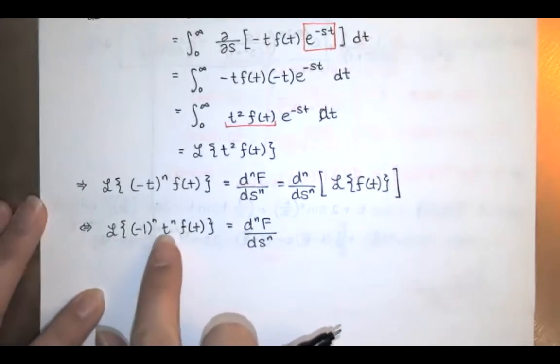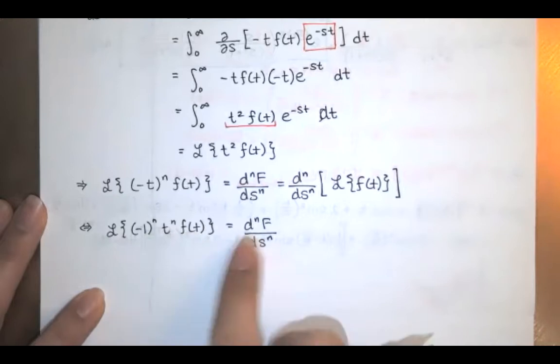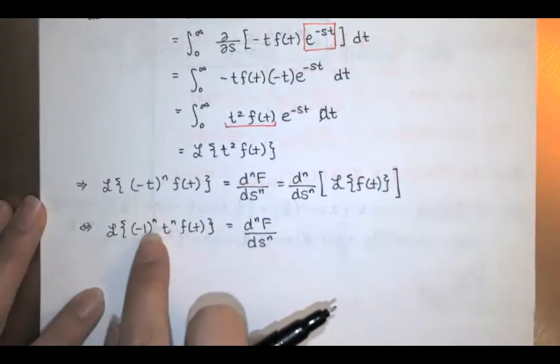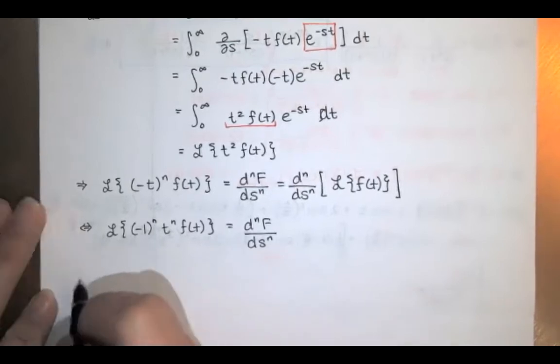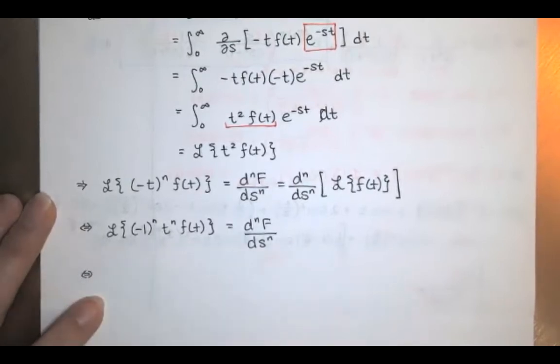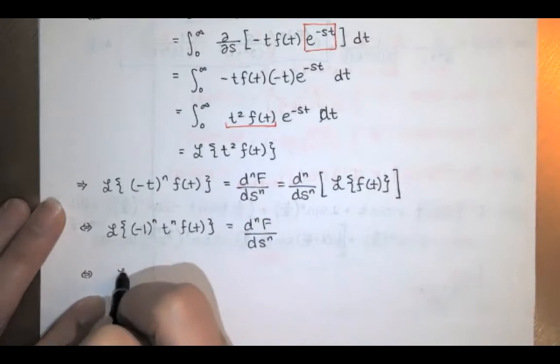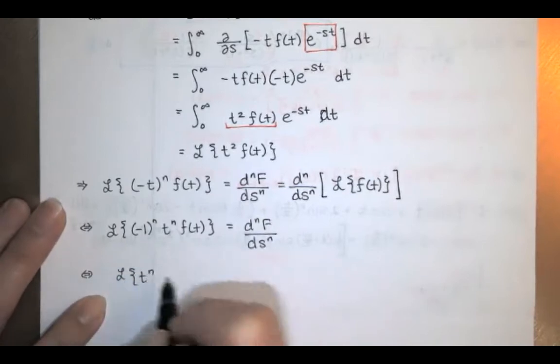And if I want to get the t to the n times f of t by itself, this is an equation. I can just multiply both sides by this -1 to the n, which is the same as dividing both sides by -1 to the n. And so we end up with this version.